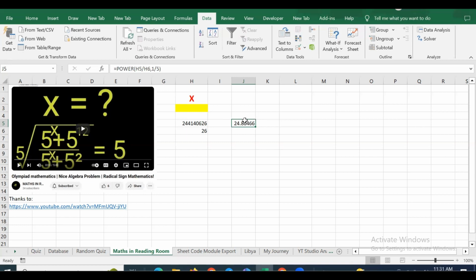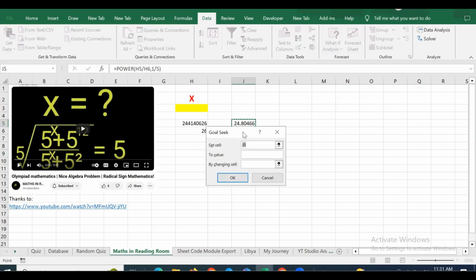So we are going to go to the goal seek. We will go to the Data tab, and then in What-If Analysis, we have the goal seek.